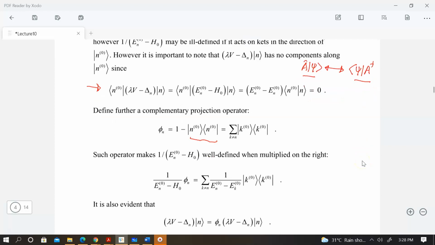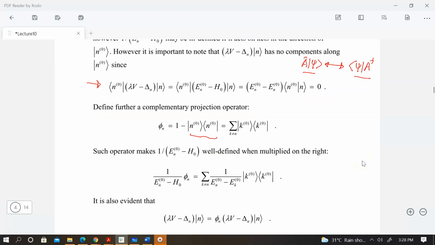So we can now make that operator by first allowing this operator to act on the state. So before, what we call acting on the state, that is the state n previously, for example over here, then this will project out all the n naught directions from that state.